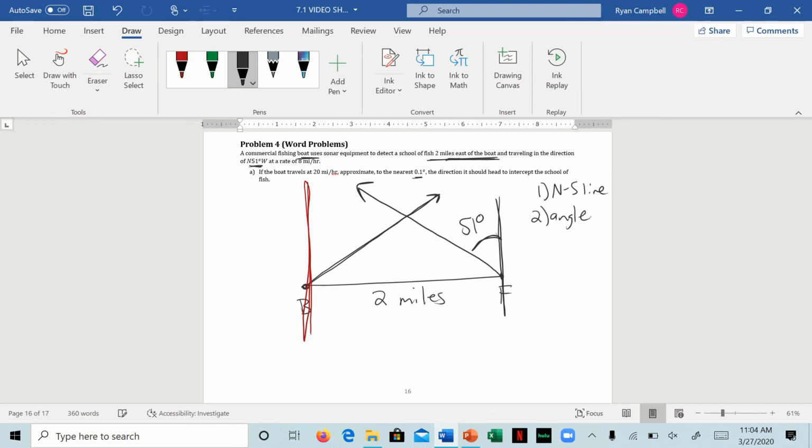The angle is from your direction to the north-south line. So here's our direction, here's the north-south line. This is what we need to find right there. And then 3, we're probably going to need to use alternating interior angles, and some inverse trig, maybe.